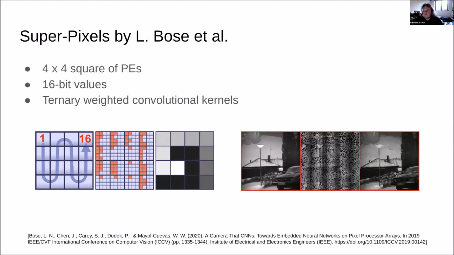So superpixels aren't new for us. Bose et al. just showed that you can make a 4x4 square of these processing elements, and using this sort of squiggly pattern, you can fit a 16-bit value. One of the main differences that we're proposing is that in Laurie's work, they used ternary weighted convolutional kernels, and they put those ternary weights into the memory of the SCAMP processor.